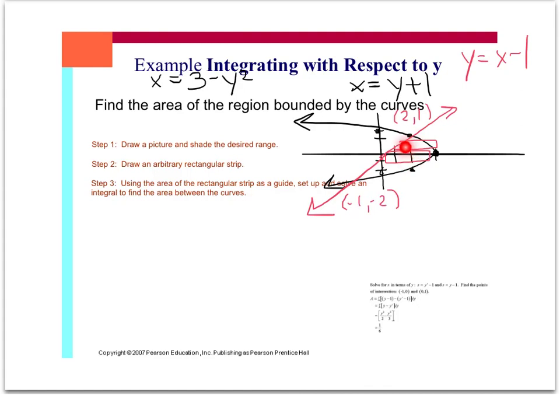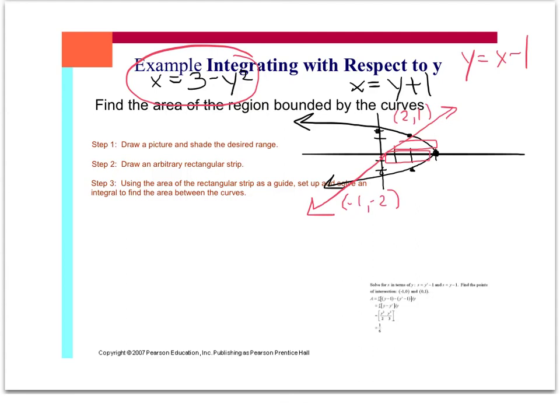But then notice here at 2, the parabola, or the square root function, now is the upper function. So I'd have to write 2 integrals. Plus, look at these functions. If I were to write this in terms of y, that would be messy. Okay? It's easier to leave it in terms of x.